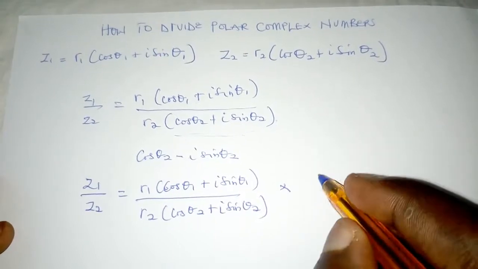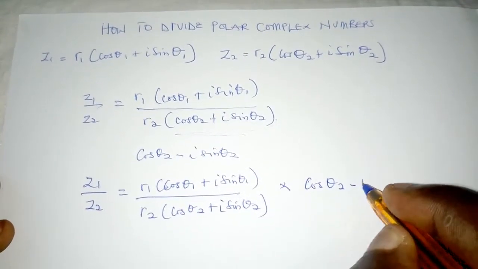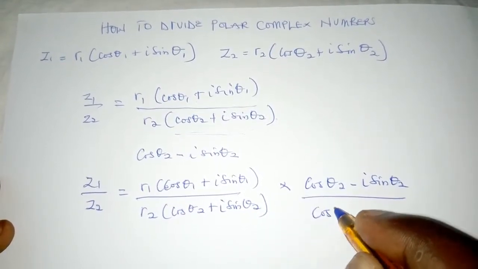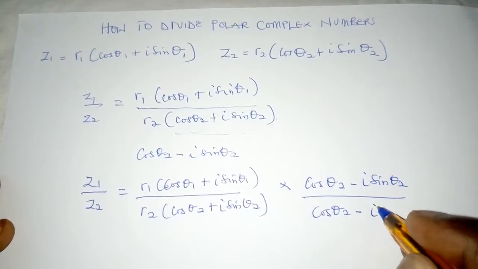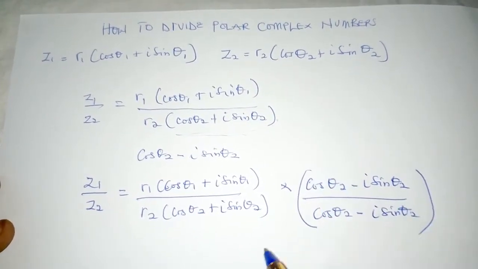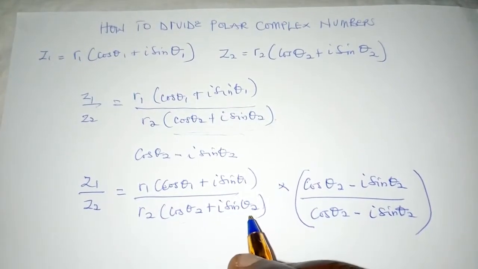Then we multiply by the conjugate, which is cos of theta 2 minus i sine of theta 2, in both the numerator and the denominator. The idea is to get rid of the polar complex number in the denominator.